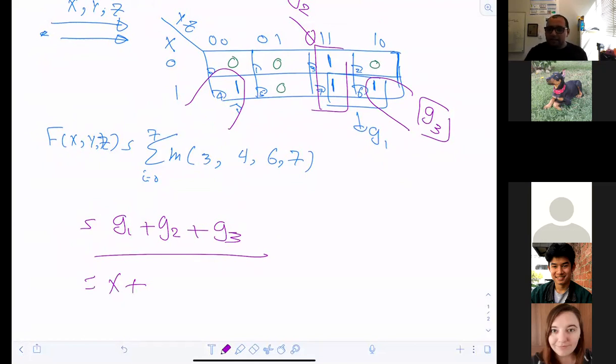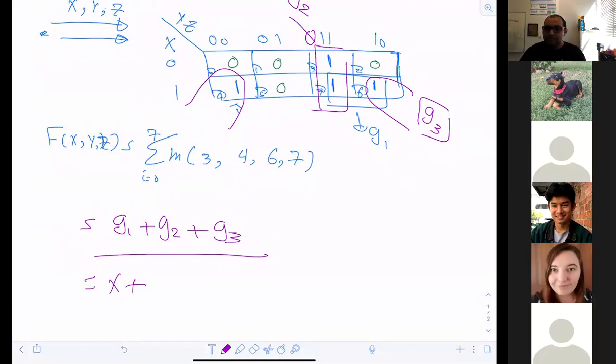Somebody else. Is she right? I think it's X complement and Z complement. I thought it was X. I say it's XZ. Okay, Andrew, what do you think? Oh, I thought you were just asking for step by step, but yeah, it's XY. It is XY. Why?